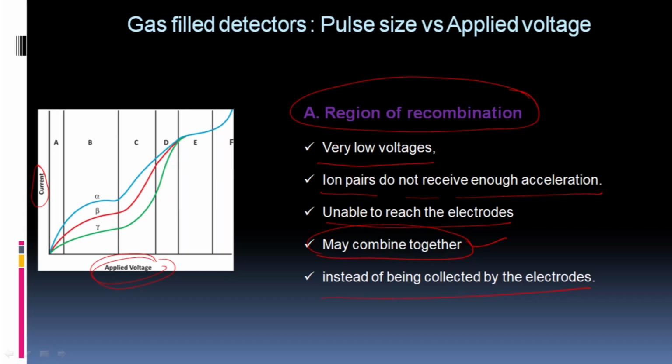So we will not get a sufficient pulse or signal to process, and in this region we do not devise any kind of detector. This is part A, the region of recombination, the very low voltage region. And one more thing, here the cyan color is the alpha curve for alpha particles, the red one is for beta particles, and the green one is for gamma radiation.